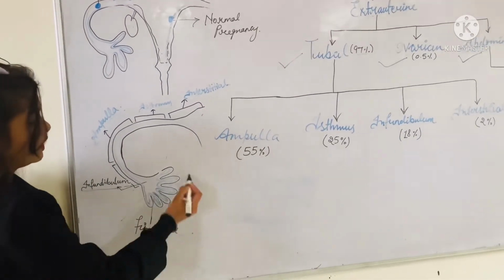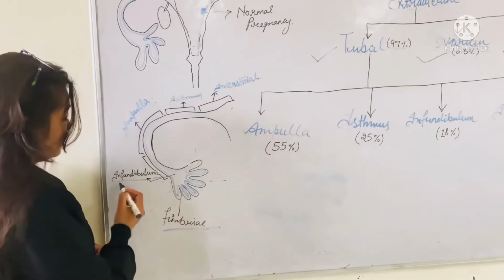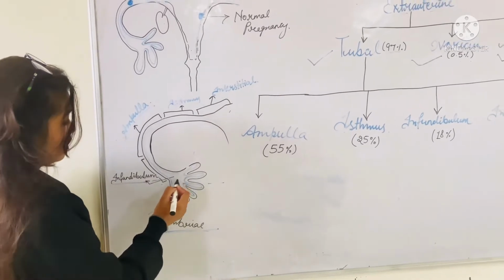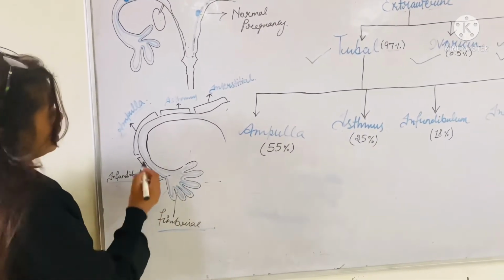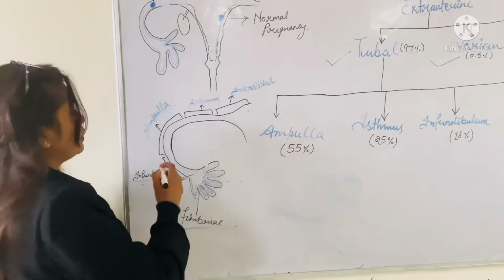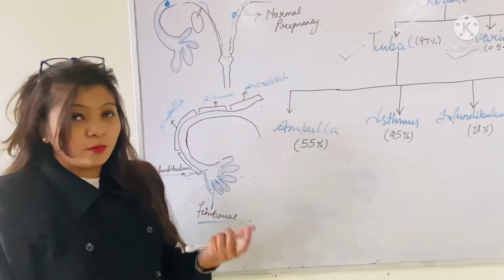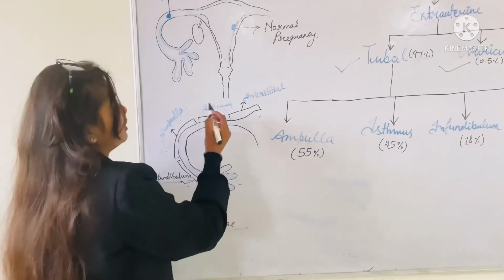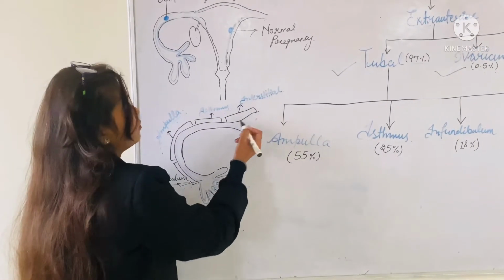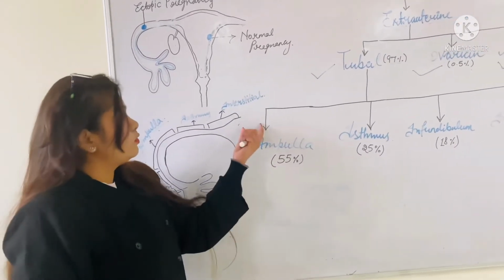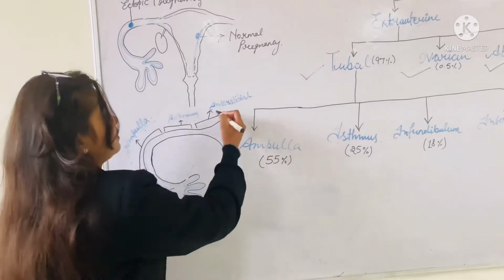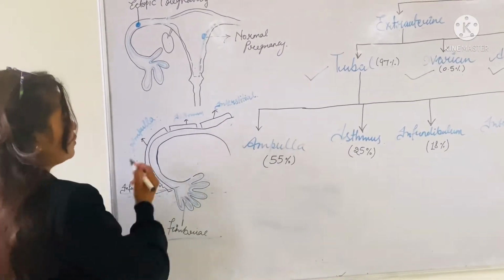The name of the finger-like structure is fimbriae. The first part after the fimbriae is called the infundibulum, and after that the ampulla, because ampulla is the longest and widest part in the fallopian tube. After that is the isthmus, and the portion which connects the fallopian tube and the uterus together is the interstitial part. So these are the parts of the fallopian tube.